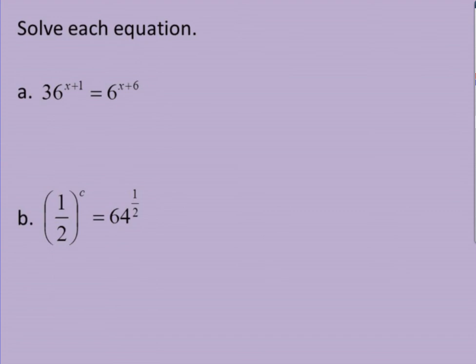36 is 6 squared. When you have a power raised to a power, you multiply. So 2 times x is 2x, 2 times 1 is 2.